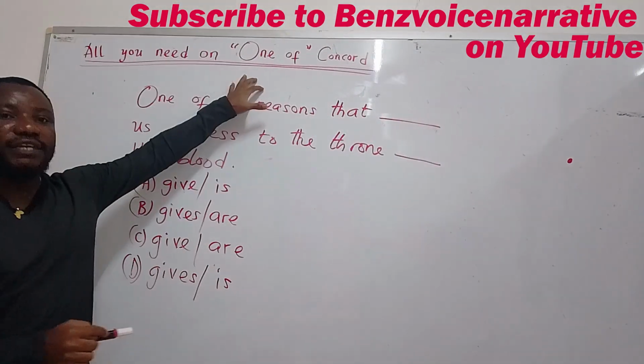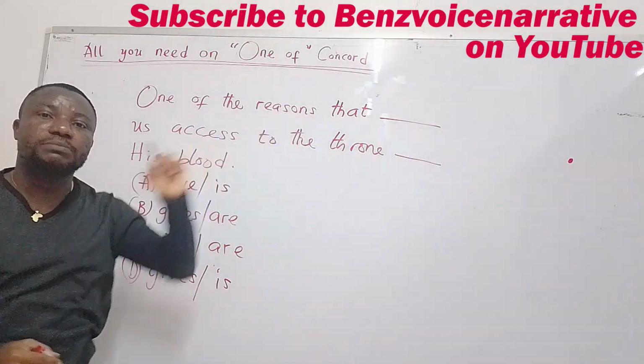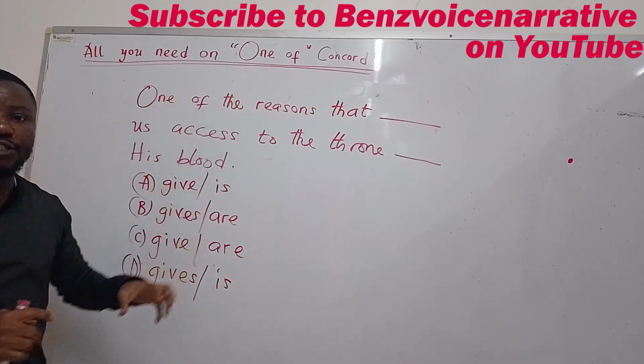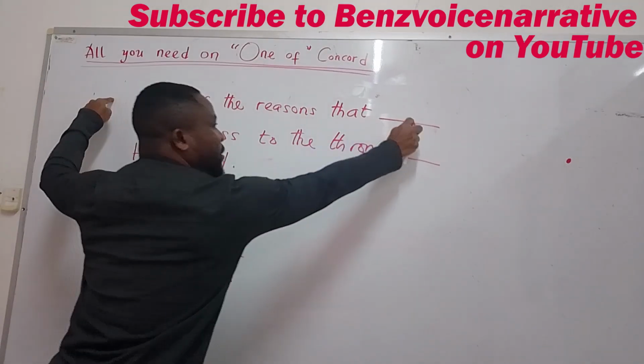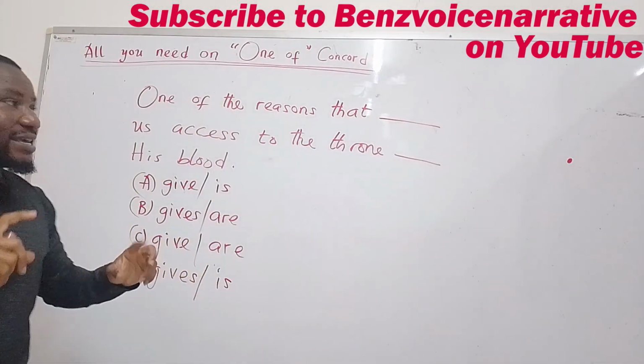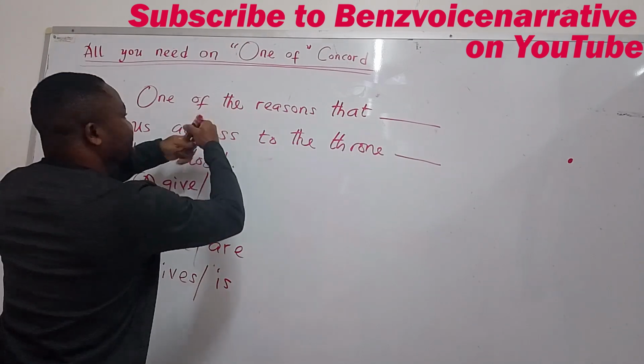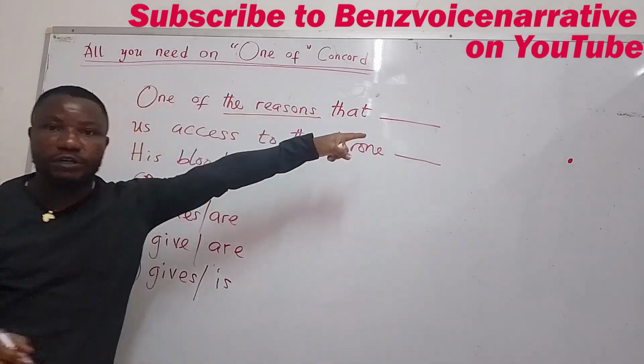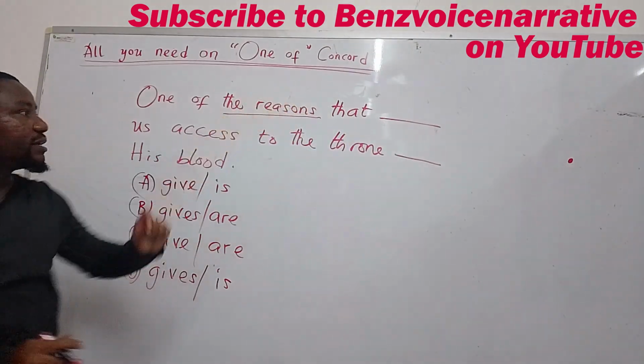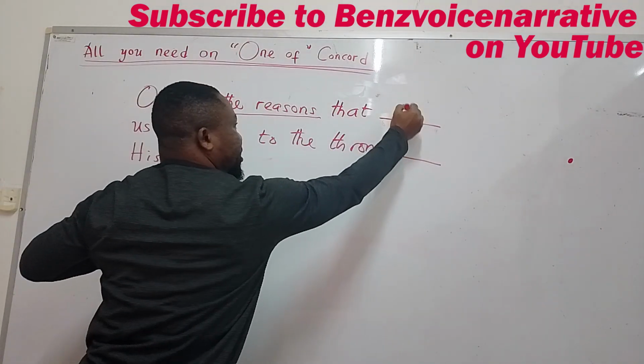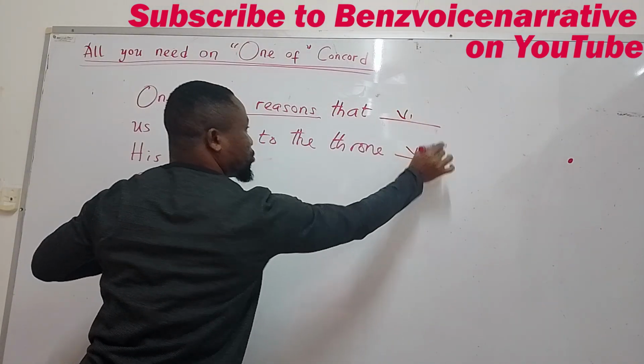So what does the rule state? The rule of One of Concord simply says that when you have this structure, the first verb in the sentence is controlled by the group before the verb. Let's say this is V1 and this is V2.